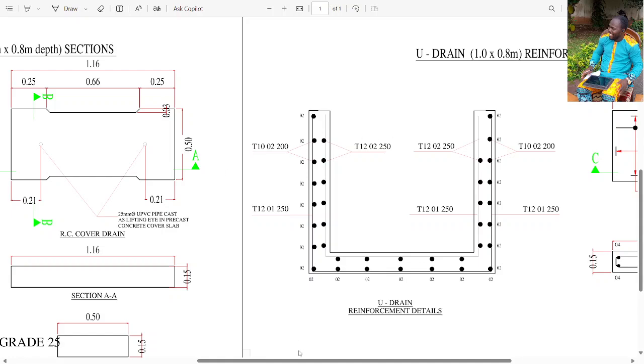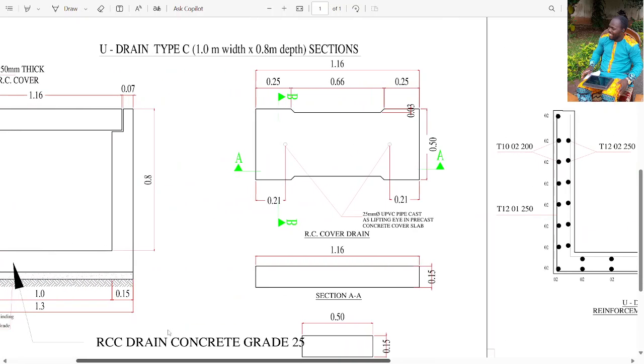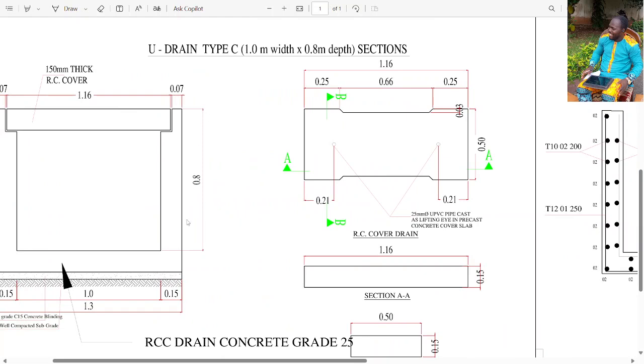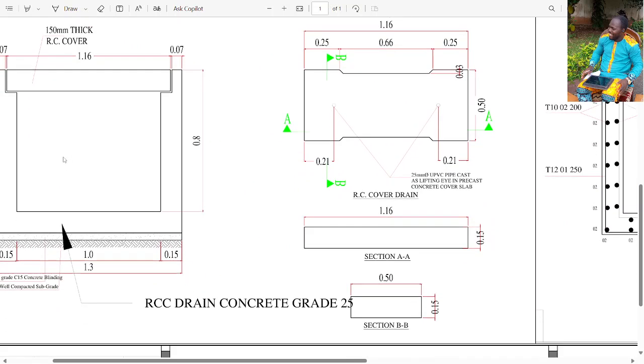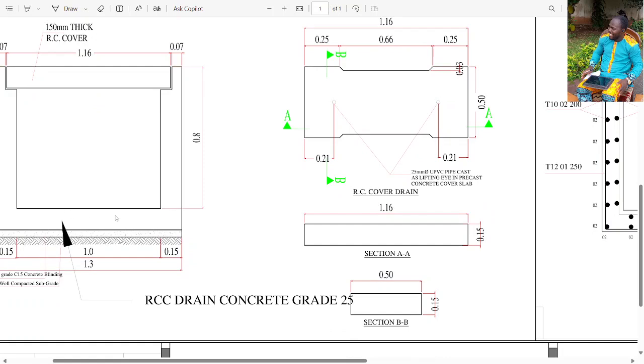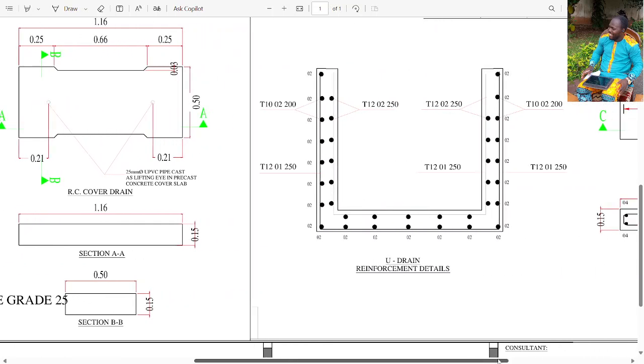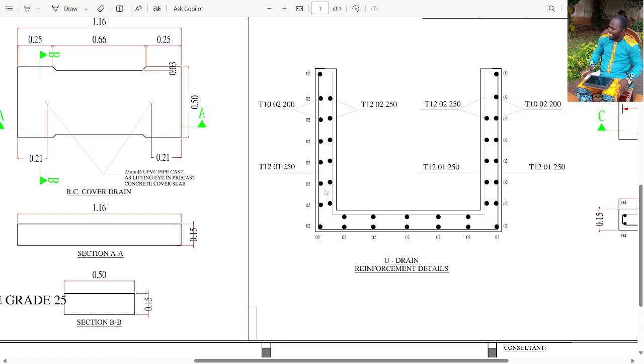Neighbor, this is 0.8, right? So what I'm taking is just here, here, here. That is what forms this reinforcement here. 800, 1 meter, 800, right?